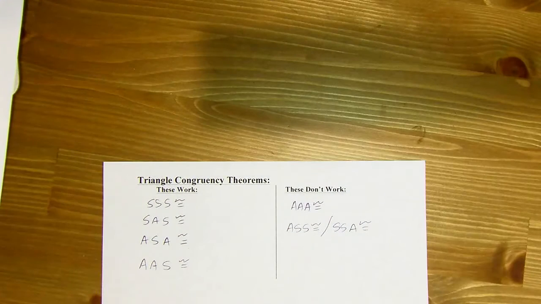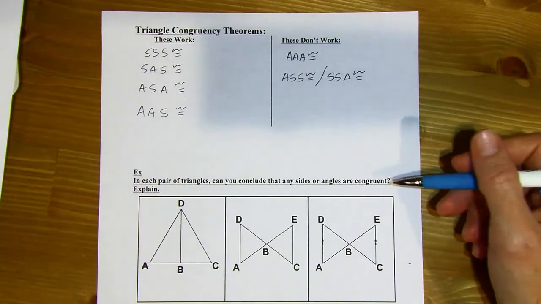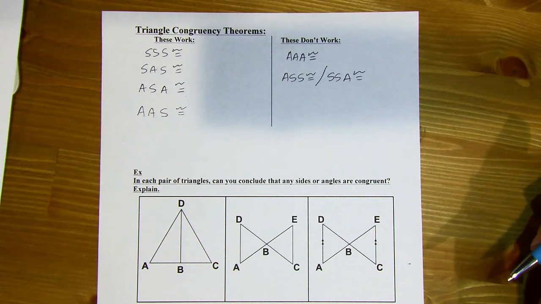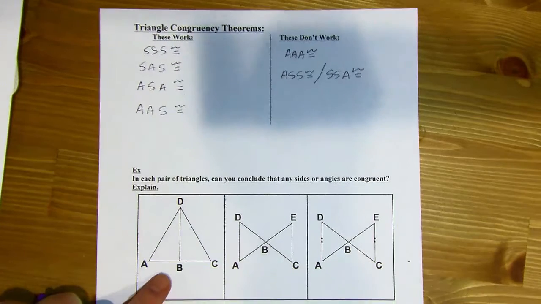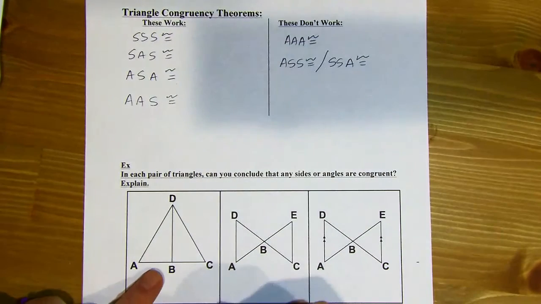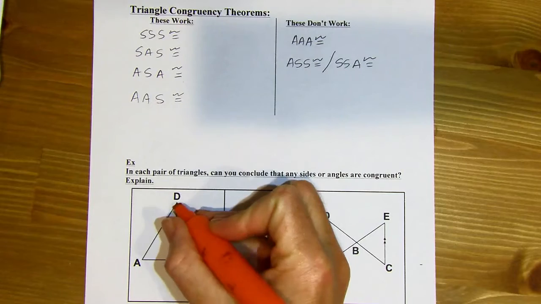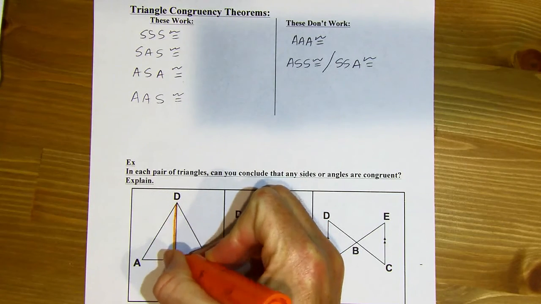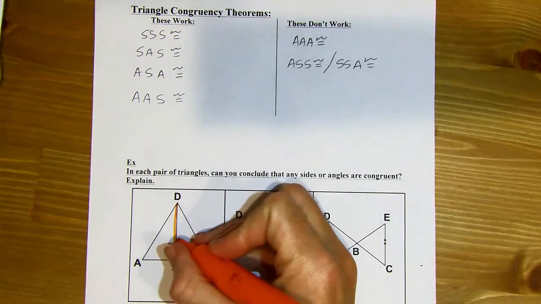So, moving on. Okay, in each pair of triangles, can you conclude that any sides or angles are congruent? Okay, so looking at this first set of triangles, there's part of this that those 2 triangles share, right? So I can say, yeah, well, segment DB is in both triangles.